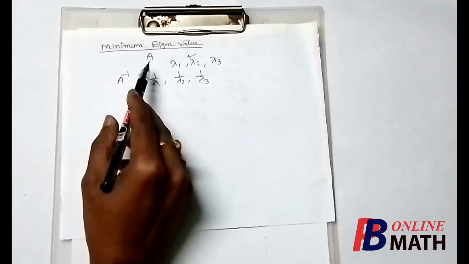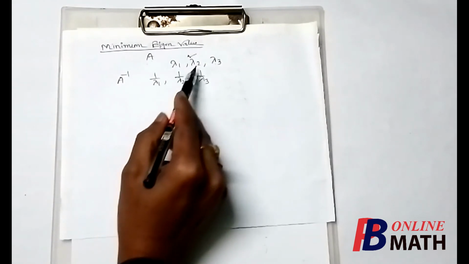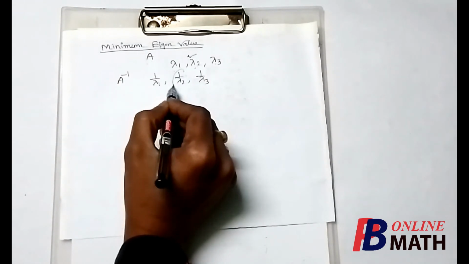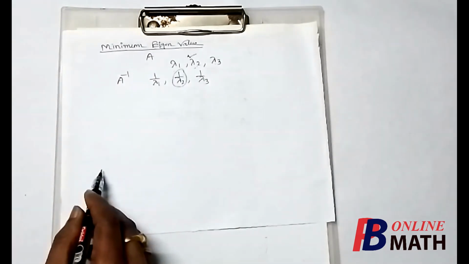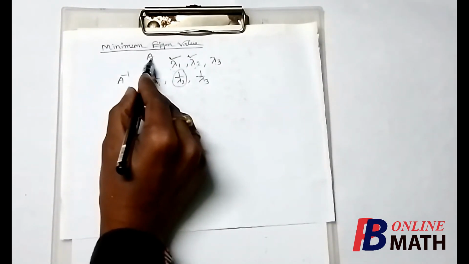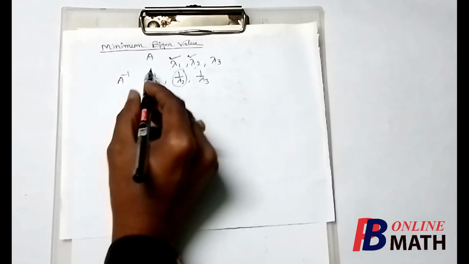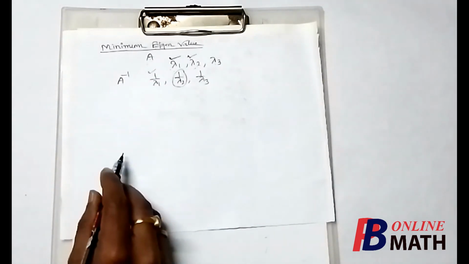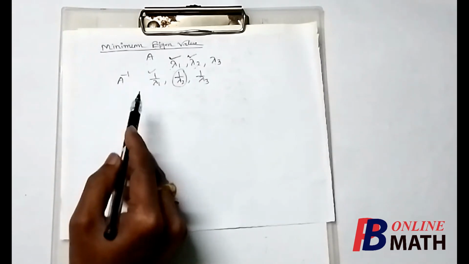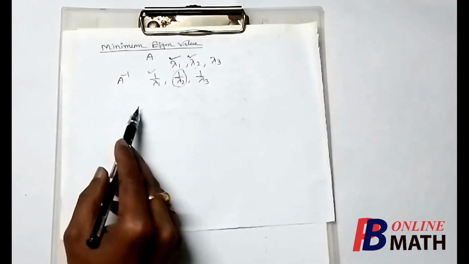Now in matrix A, if lambda 2 is the greatest eigenvalue, then in A inverse 1 by lambda 2 will be the least eigenvalue, and conversely if lambda 1 is the least eigenvalue of A, then in A inverse 1 by lambda 1 will be the maximum eigenvalue of A inverse. So using this property we can find the minimum eigenvalue of a given square matrix by power method.